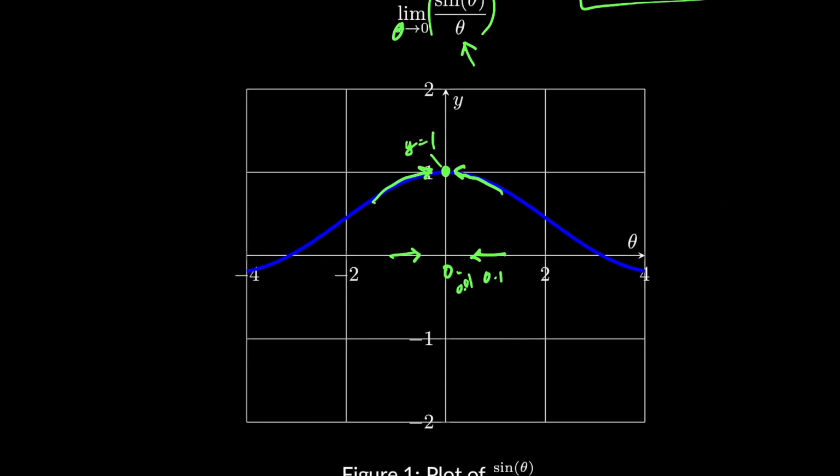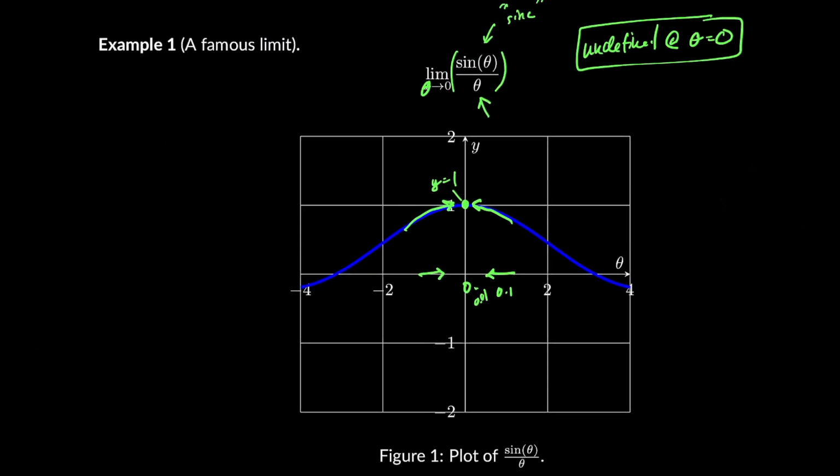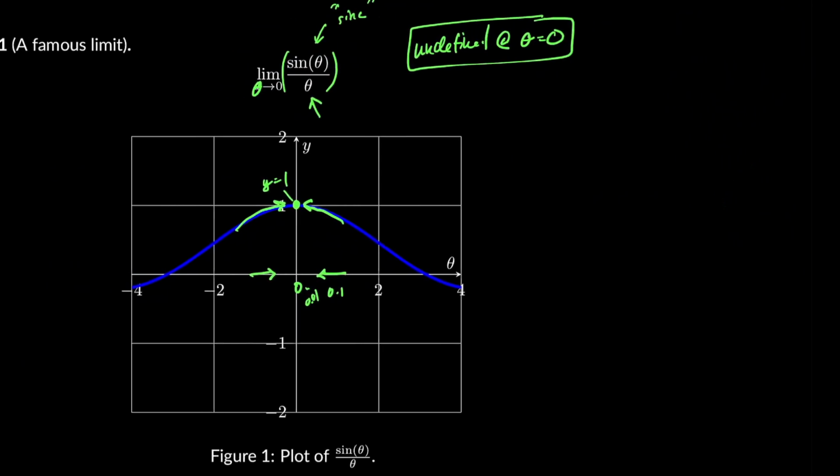So again, we can confirm this or have a suspicion of it graphically. We can do a better job of confirming it using a table. And then there's also ways to do this algebraically, but this particular limit, we can't do that until a little bit later into the course, actually. But a way to represent this limit using this notation, we'd say that the limit as theta approaches 0 of sine of theta over theta equals 1.